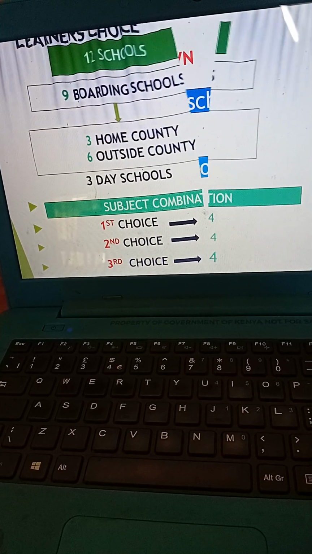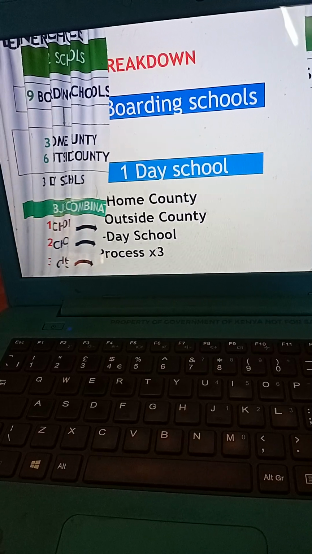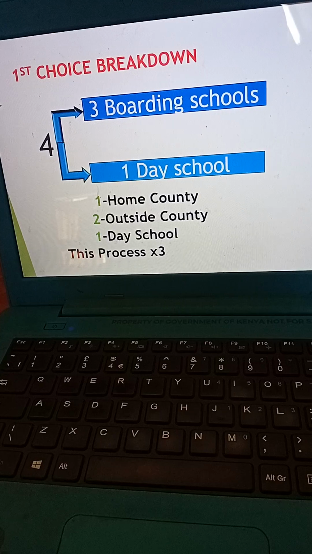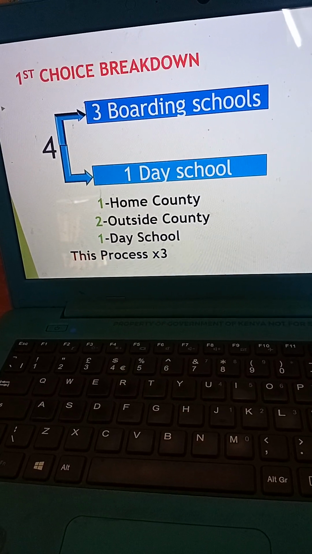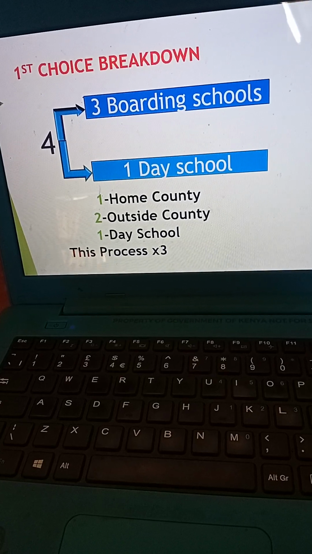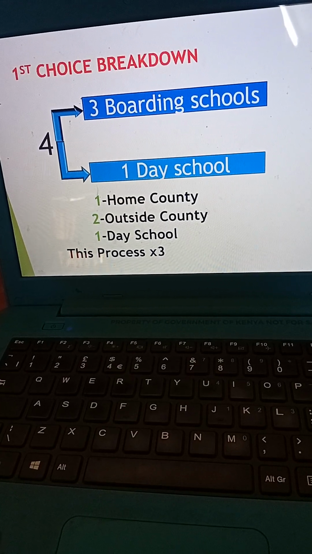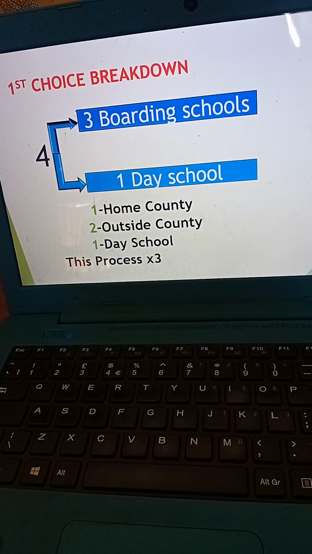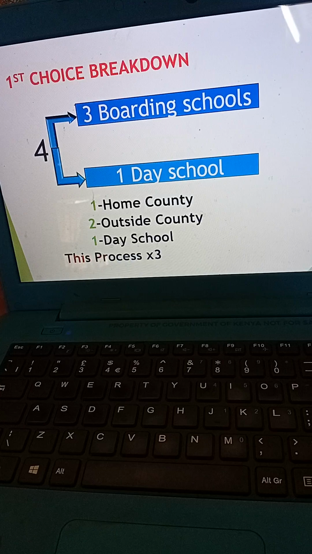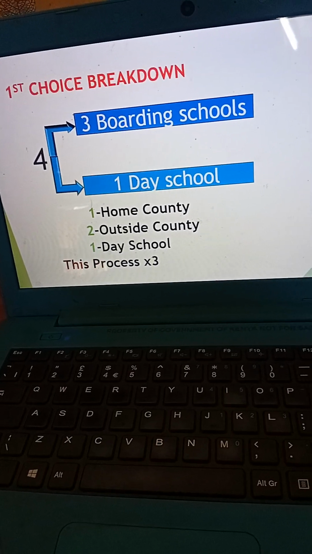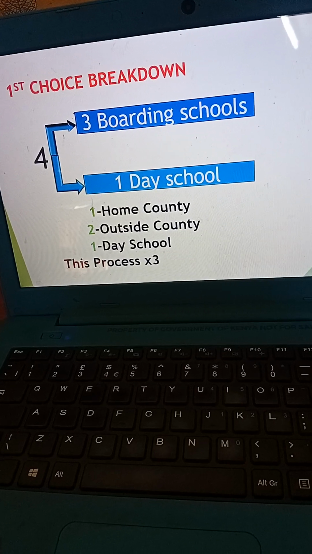And then from there, this is the first choice breakdown. You're supposed to select 3 boarding schools, and out of the 3 boarding schools, remember, 1 is supposed to come from within your county, and then 2 outside the county, and then 1 day school within your sub-county.